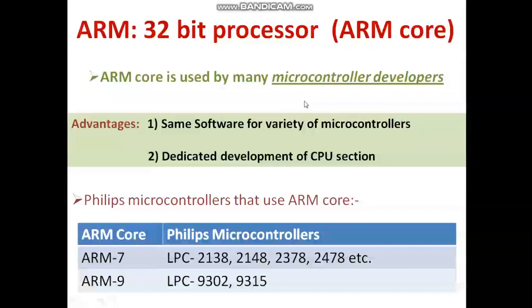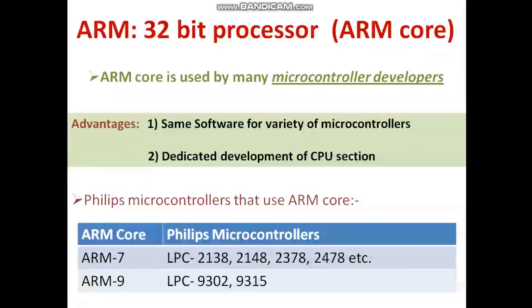And therefore there are a variety of companies which develop their variety of microcontrollers, but all of them are using the same CPU, which is ARM, and therefore it is typically called an ARM core. All these microcontrollers have the same core, ARM core, or same CPU section.